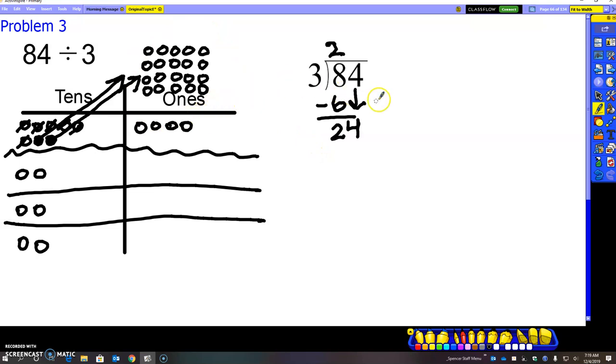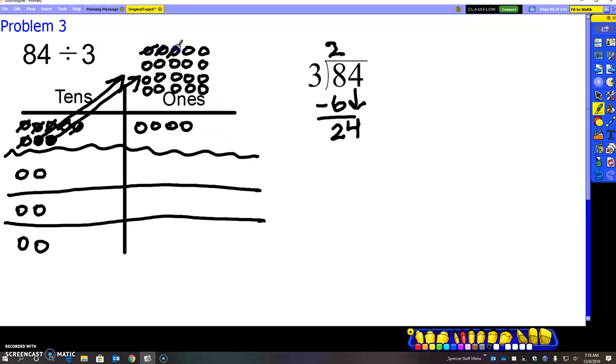Now I know 3 does go into 24 evenly. If you know that fast fact, you can skip right to your algorithm here. 3 goes into 24 and go ahead and record it. But if you need to show out these 24 being divided into 3 groups, do it. I'm going to do them as groups of 3.